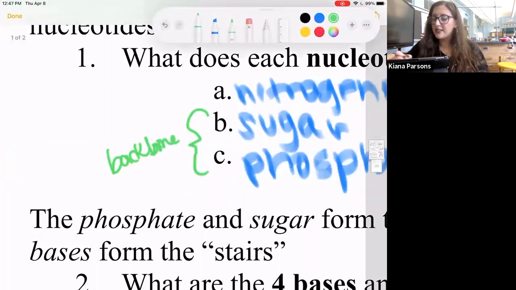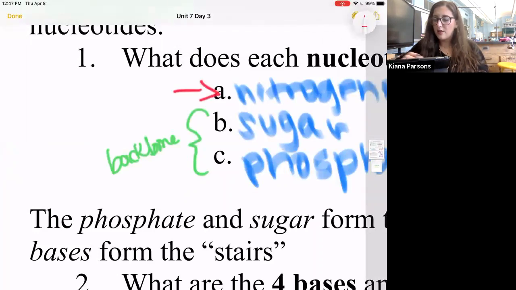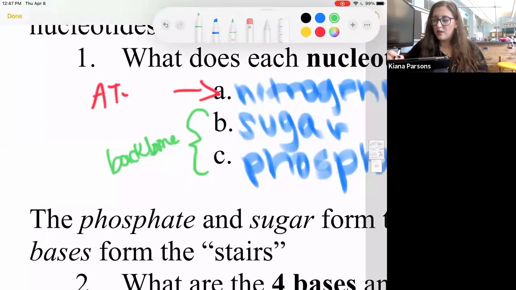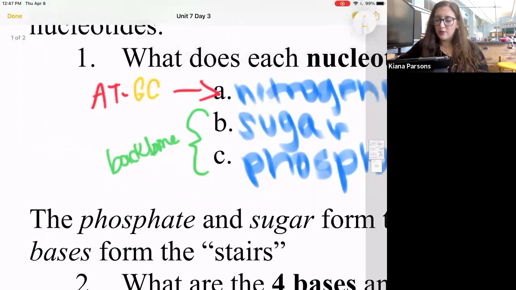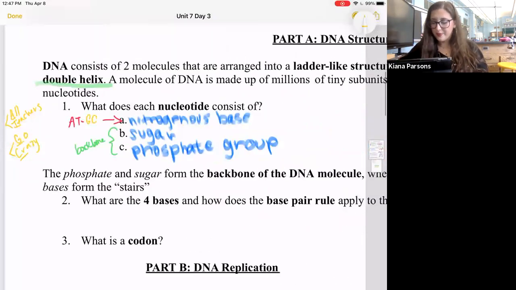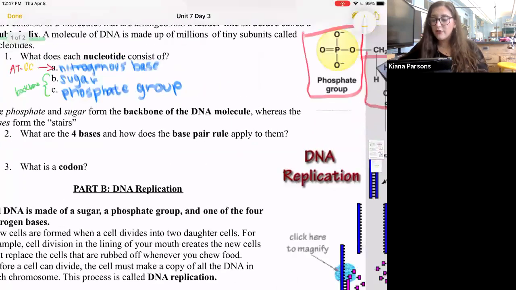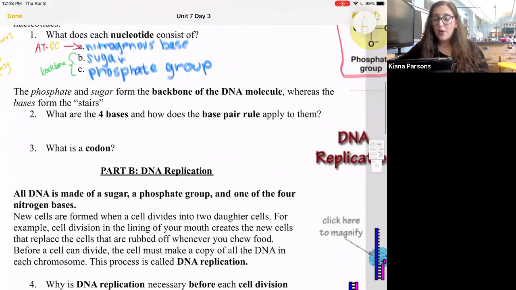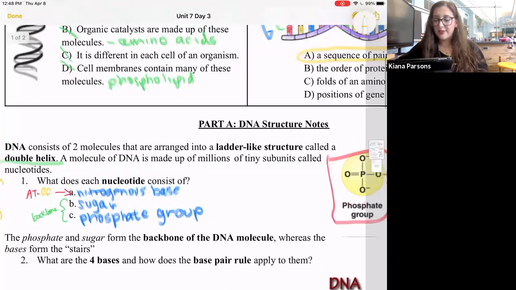And the nitrogenous bases are A, T, G, and C. Remember, all teachers go crazy. So cytosine and guanine pair together, and adenine and thymine pair together. The phosphate and sugar form the backbone of the DNA molecule, whereas the bases form the stairs of the ladder.